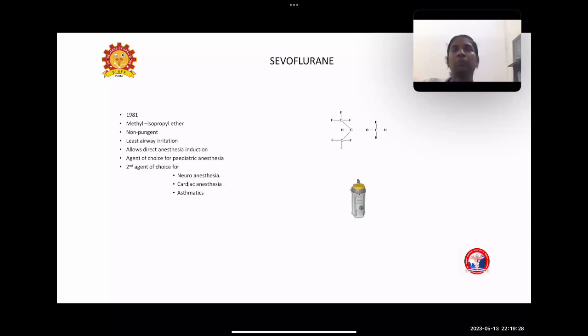Now we are going to see sevoflurane, which is a commonly used inhalational anesthetic. It was found in the year 1981. It has methyl isopropyl ether. It is non-pungent and a less airway irritant.